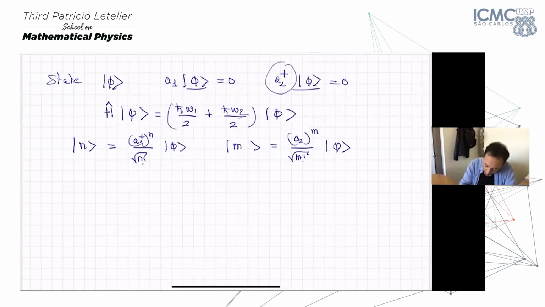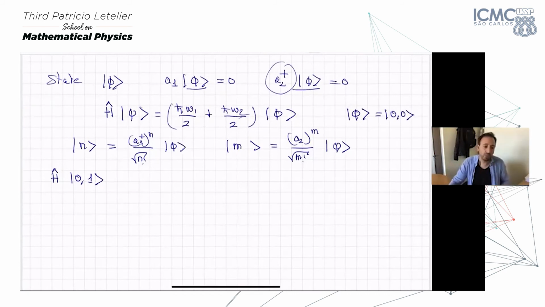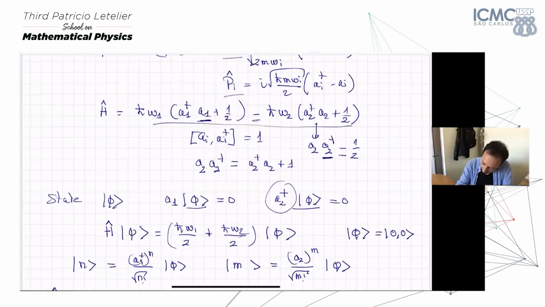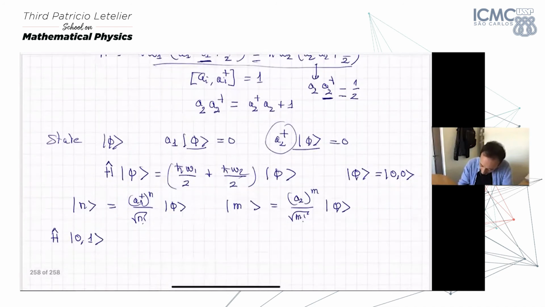So let's suppose we want to calculate the state 0, 1. What I'm saying is that the phi is the vacuum, so for the two oscillators it is 0, 0. Now I want to calculate the state 0, 1. Okay, fine. I take my Hamiltonian, which is here. The calculations are simple.